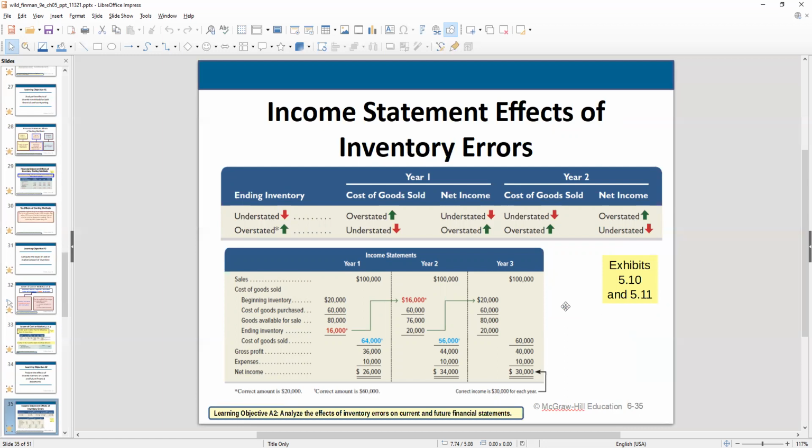You can see an example of it down in your two different year 1, year 2, and year 3 income statements. By year 3, the mistake in what you did in inventory will smooth itself out.